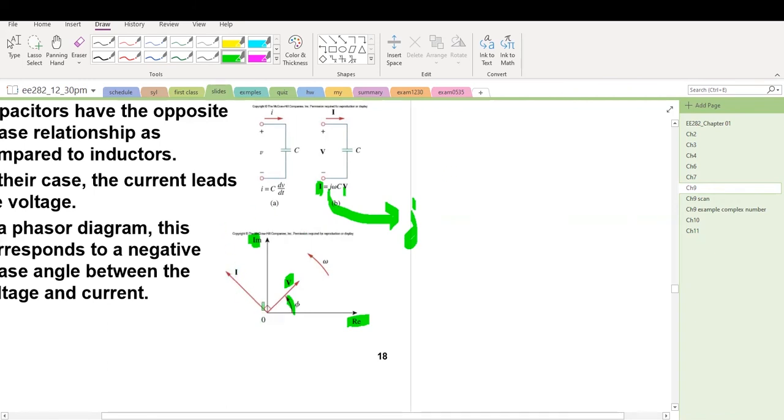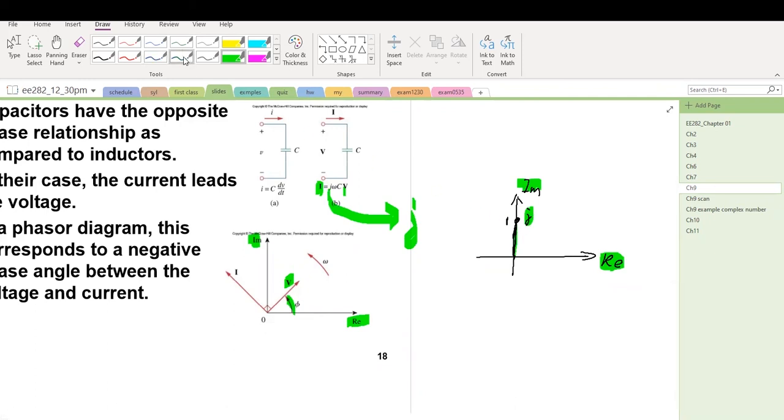So I is leading the voltage by 90 degrees, or we can say V is lagging the current by 90 degrees. In the complex plane, real part, imaginary part, this is j. The magnitude is 1. What's the angle of j? That's 90 degrees. So there's a j here, and omega is real, and C is a real number. They're all positive. Therefore, the current I will lead V by 90 degrees.